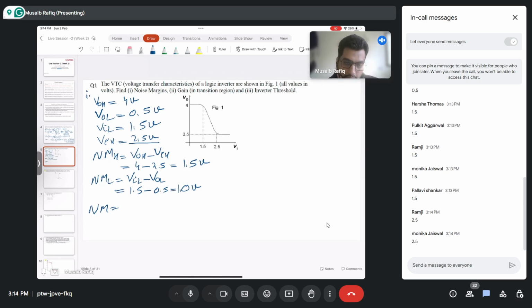Now we have noise margin high, which is equal to VOH minus VIH, that is equal to 4 minus 2.5, that is equal to 1.5 volts. Then we have noise margin low, which is equal to VIL minus VOL, that is equal to 1.5 minus 0.5, that is equal to 1 volt, right? And the noise margin will then be equal to how much? This was noise margin high, this was noise margin low. Are you sure, or is it minimum of NMH or NML?